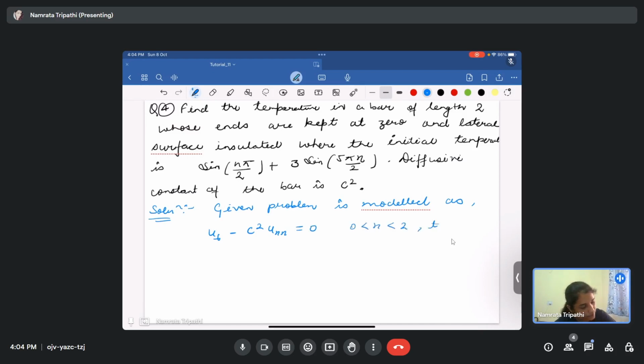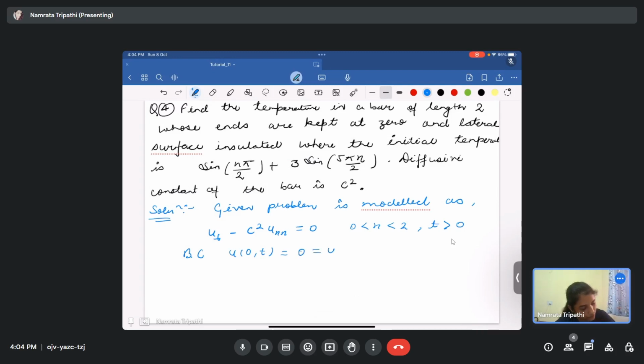Because x is from 0 to 2, because length is 2. Boundary condition will be both ends are kept at 0.